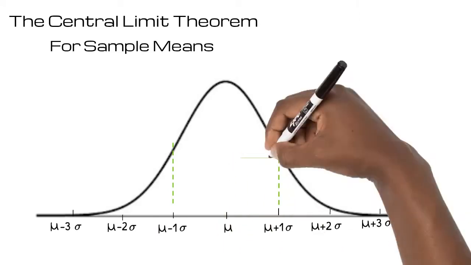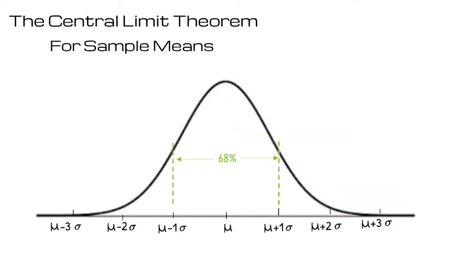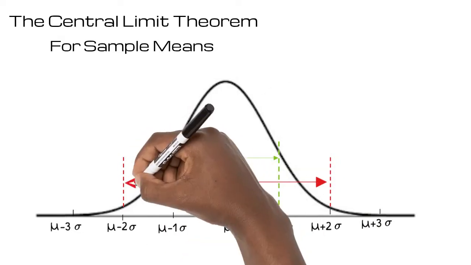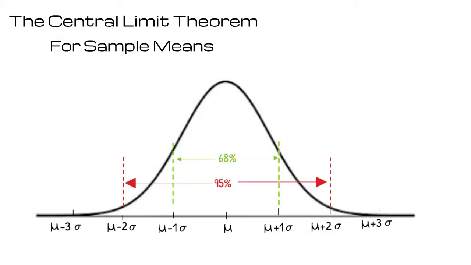More specifically, 68% of sample means lie between 1 standard deviation below and 1 standard deviation above the mean of the population. 95% of sample means lie between 2 standard deviations below and 2 standard deviations above the mean of the population. And 99.7% of sample means lie between 3 standard deviations below and above the mean of the population.